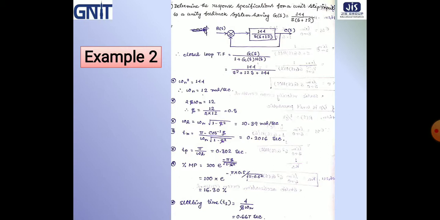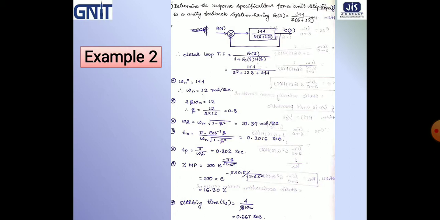Now what will be the value of the percentage of overshoot, percentage of MP, that is 100 e to the power minus pi zeta divided by root of 1 minus zeta square. Just put the values of zeta and pi, then we can find the percentage of MP is 16.3%.